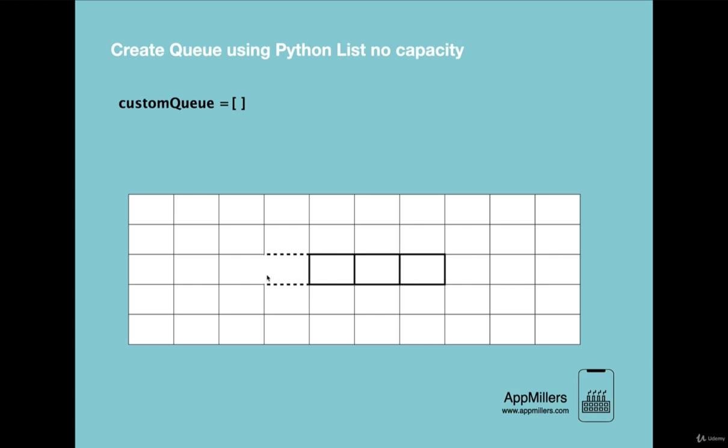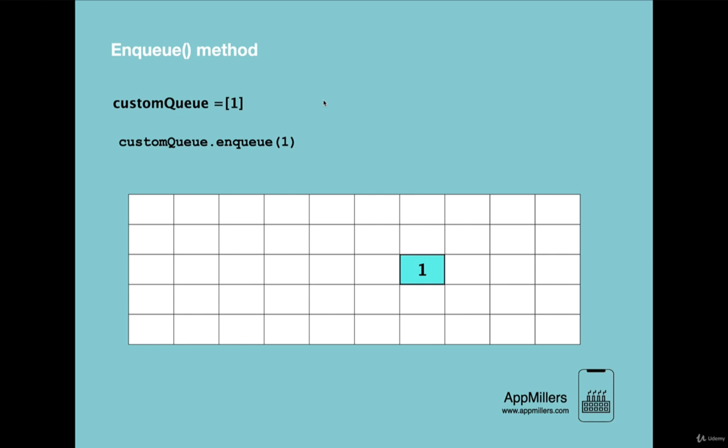So let's insert some elements into it. As we mentioned, insertion in the world of queues is called enqueue. So we will look at the enqueue method. When we insert the first element in the queue, it is located somewhere in memory in a random location. In this case, we are enqueuing 1 to this queue, so it is located in memory like this. Now if we insert a second element, it will be located after this element in the queue.